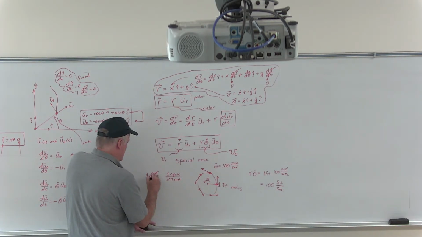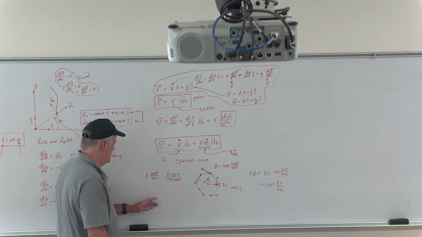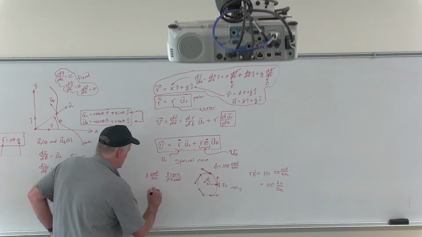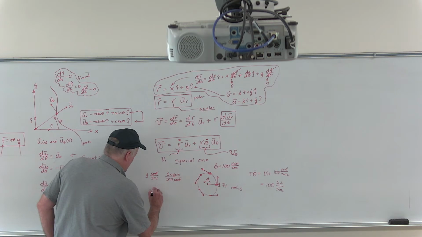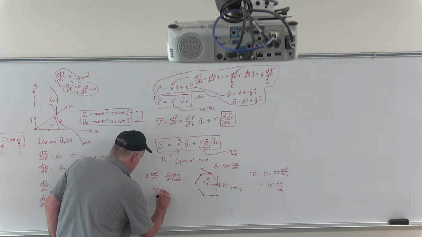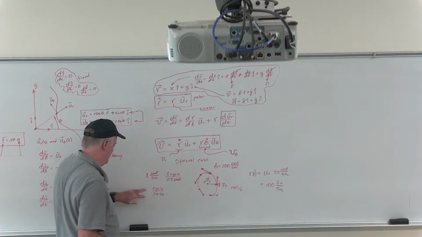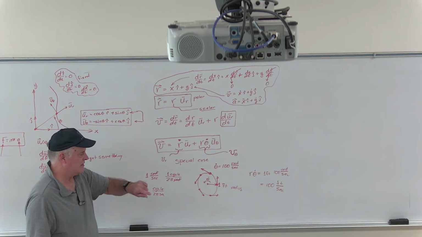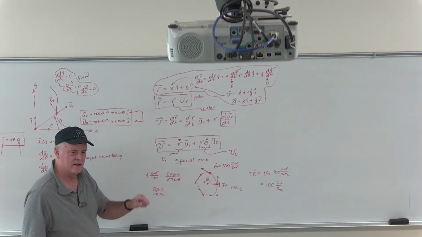Even though they don't have units, you've got to line them up. So what I end up with is a cycle in 2 pi seconds. So I'd have to flip it over, and I'd say it took me 2 pi seconds to go all the way around and come back.